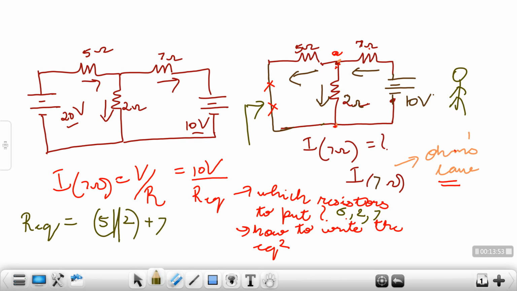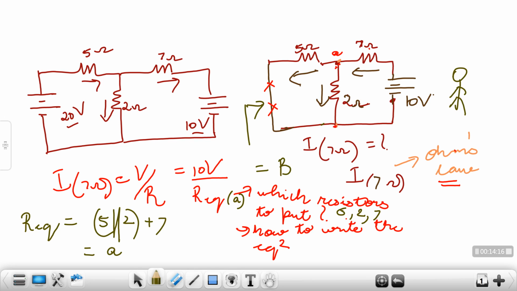That would be in series with 7. So that answer I get, let me call it A. Put that A over here in R equivalent. Whatever is the answer that I get, I call it B. So the current of 7 ohms that is flowing in that circuit has a value P.